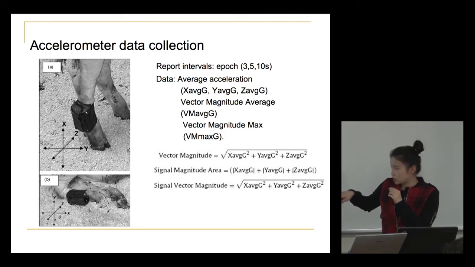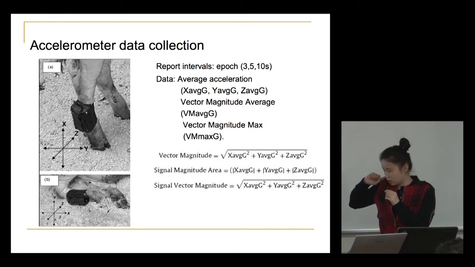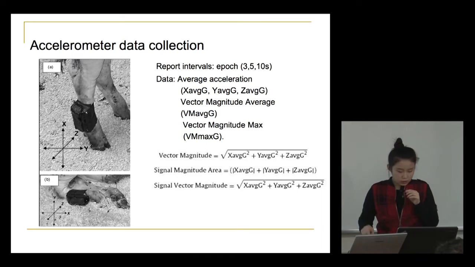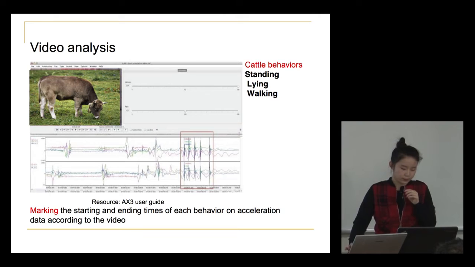Under this is the formula for the vector magnitude max acceleration. Two additional variables were added to increase the decision tree robustness.